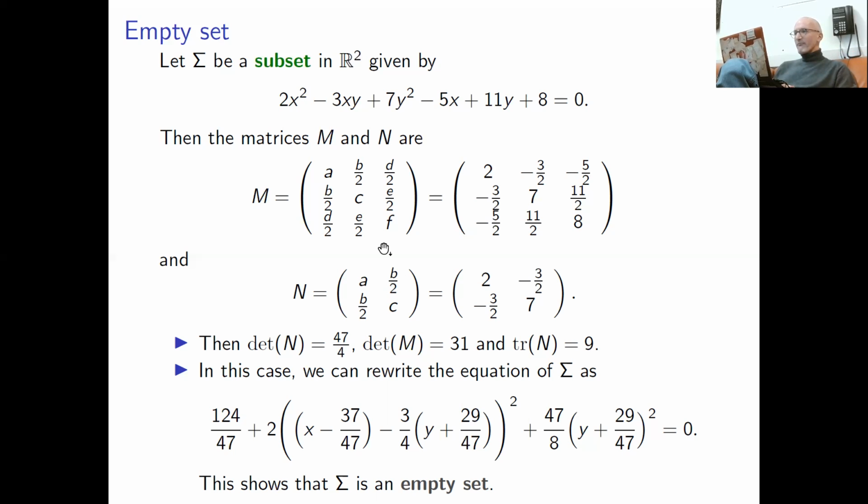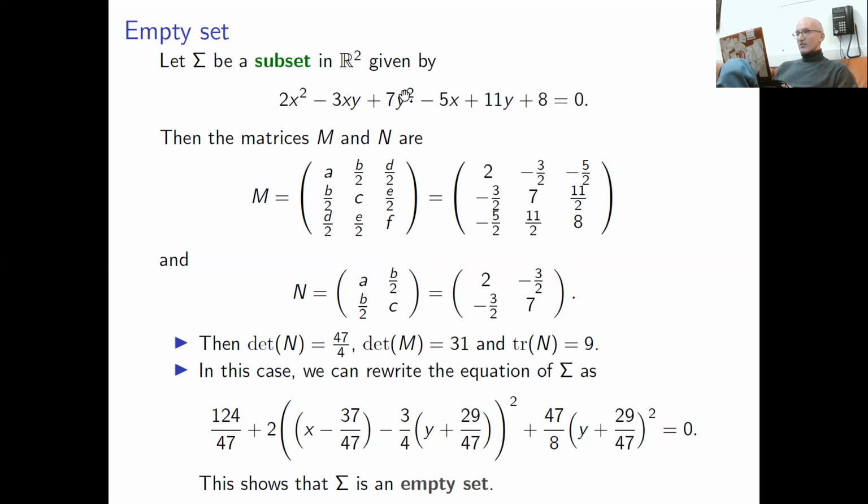Of course, you can see that this is the empty set by playing around with the equation and wisely completing the square. For example, you can first take 2x squared and 3xy and try to complete the square of this part.